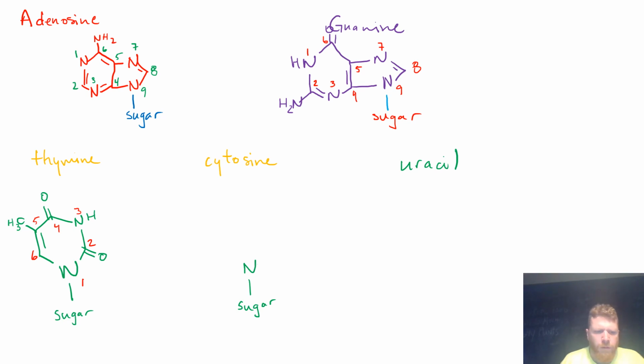Okay, there we go. Nitrogen. Oh, that's supposed to be closed in there. Double bonds here, here, and then at the 2 position we have that double bond on oxygen, and then at the 4 position H2N, and there you go. Okay, numbering all our atoms here, 1, 2, 3, 4, 5, 6.